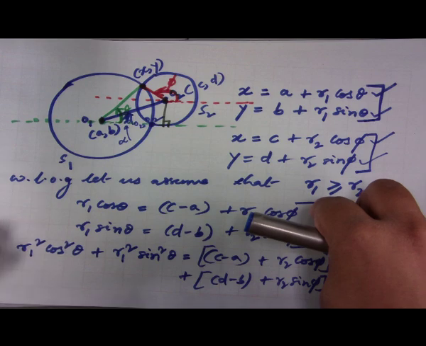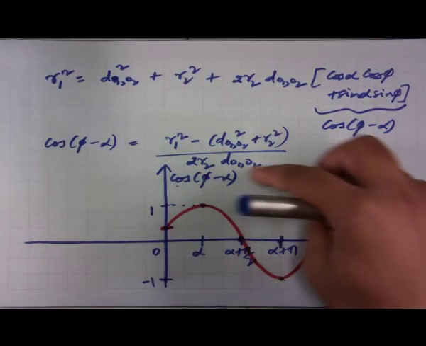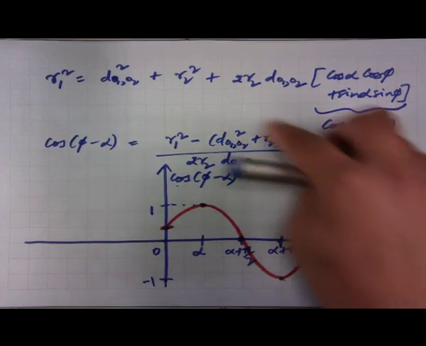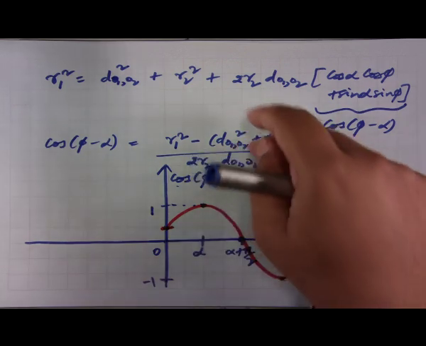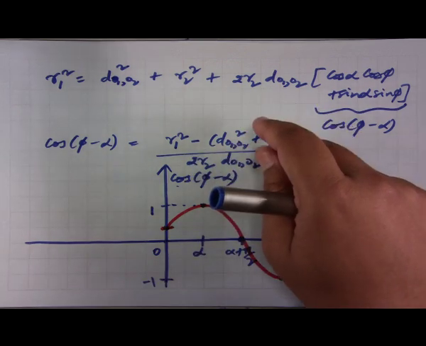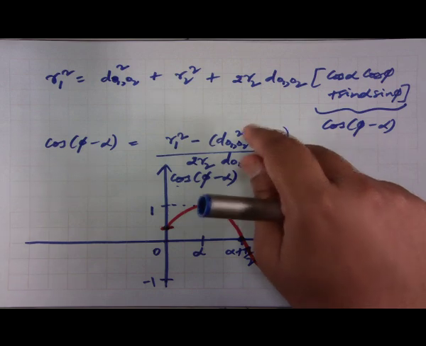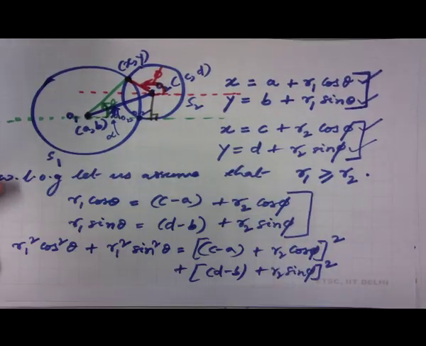That is the case where the absolute value of this right hand side is more than 1, which means either it is greater than 1 or it is less than minus 1. In that case, since there is no solution to these trigonometric equations, it is clear that the two circles will not intersect.